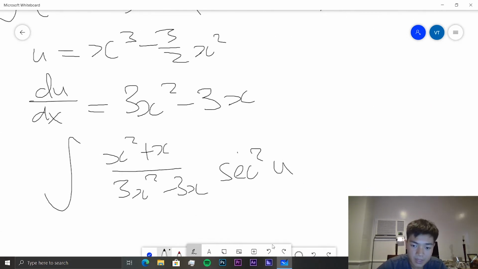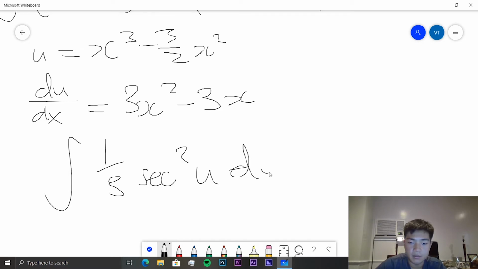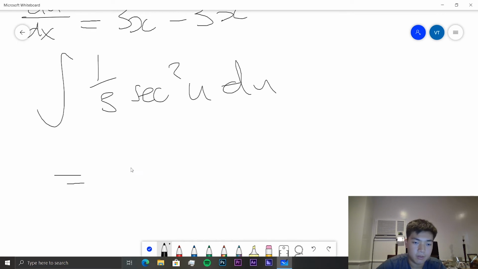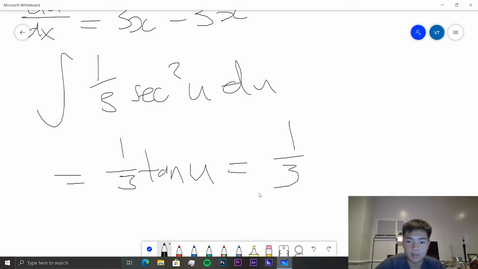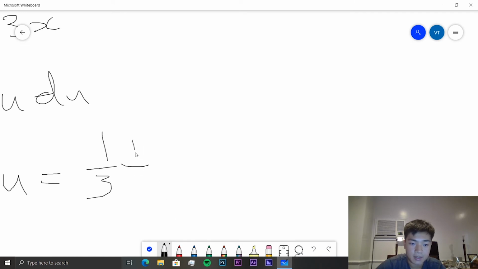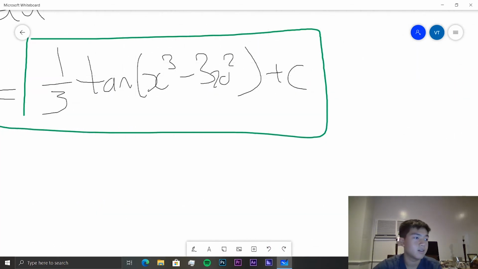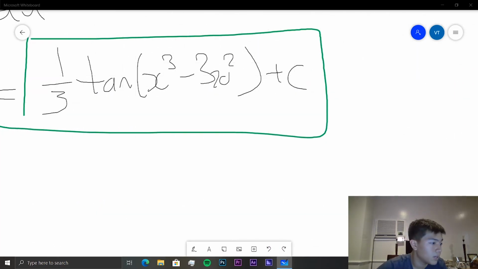So if that's minus x, this entire thing is 1/3 secant squared u du, which is of course equal to 1/3 tangent u, which is equal to 1/3 tangent of (x cubed minus 3/2 x squared) plus c. Yeah, it's kind of annoying when they make these mistakes, not gonna lie.